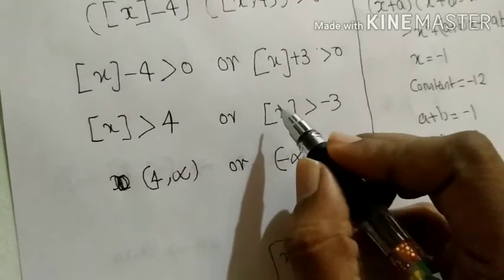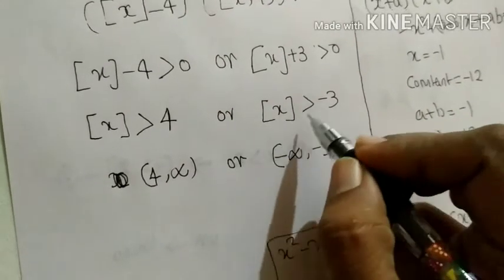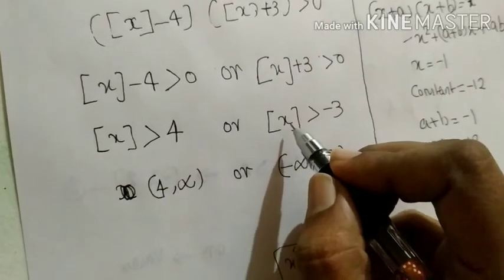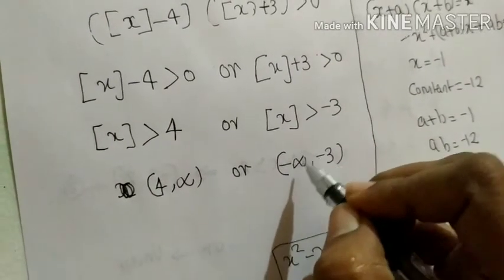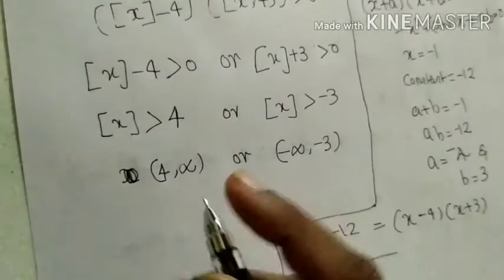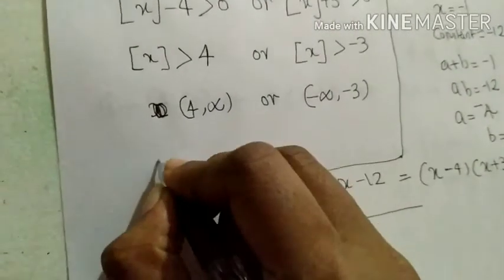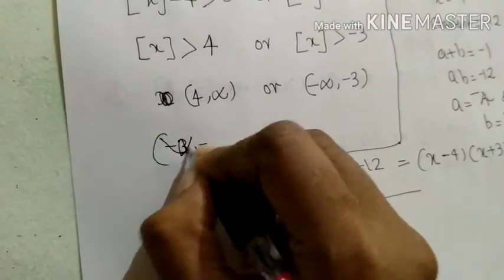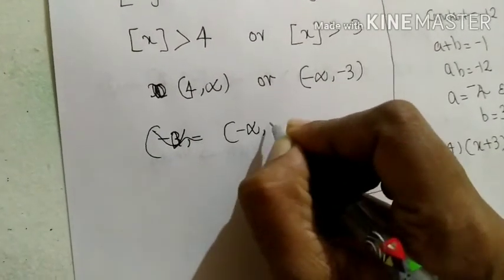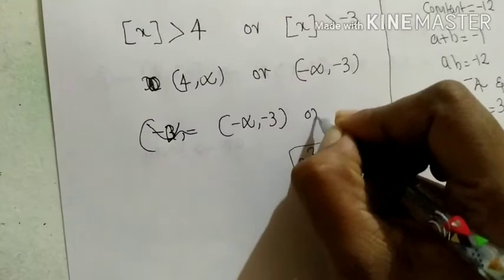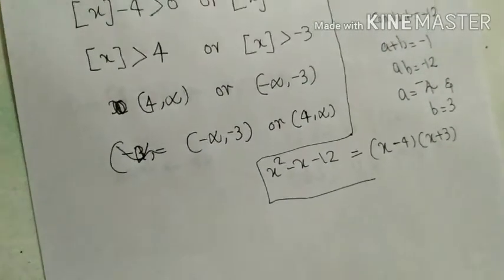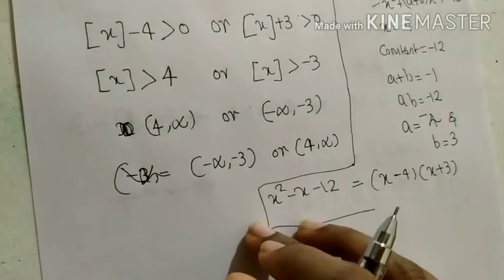And greatest integer x greater than minus 3 means x lies in the interval minus infinity to minus 3. So the interval minus infinity to minus 3 or 4 to infinity is the domain of this function.